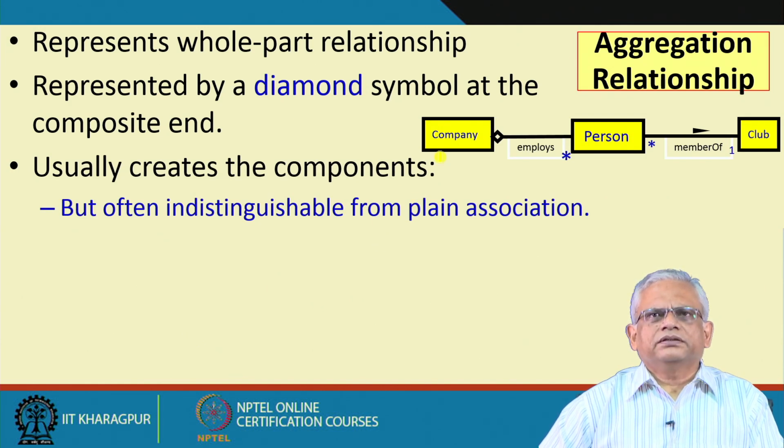Given a company, it employs many persons, and a person is a member of one club. A club has many persons as members, and a person is employed by a single company.